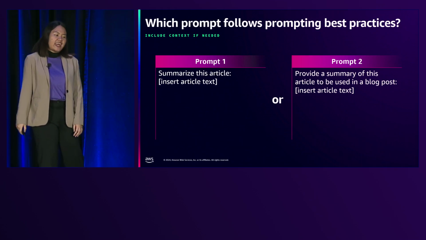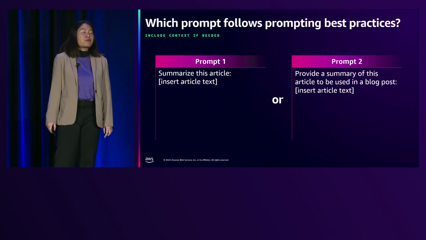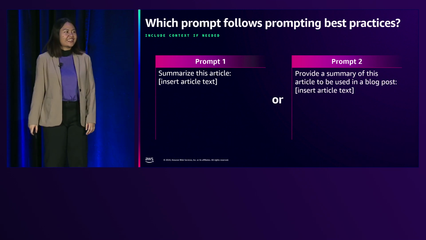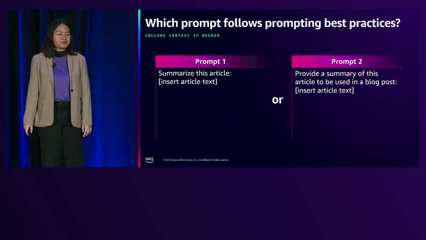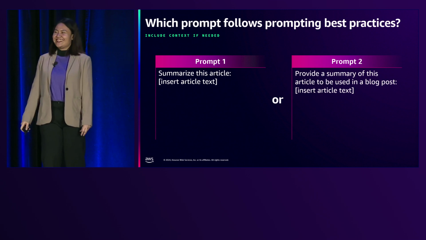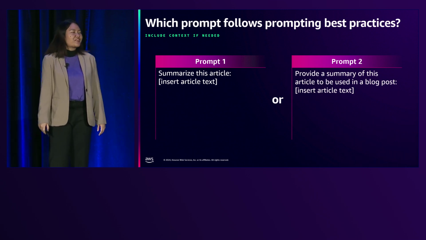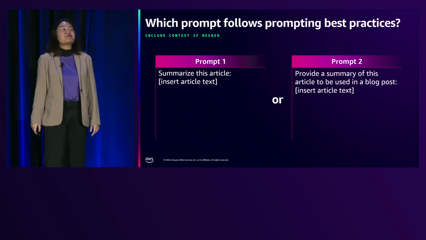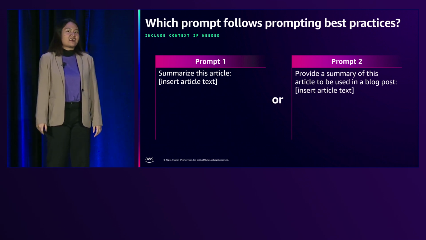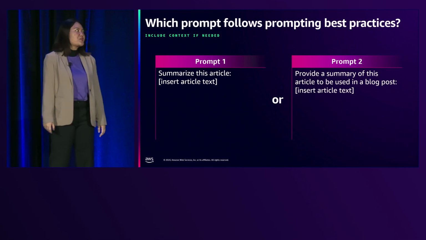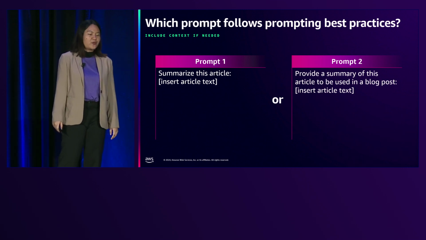So raise your hand if you think prompt 1 is the correct answer. Okay, no one? Okay. Prompt 2. So if you think prompt 2 was the correct answer, feel free to raise your hand. Okay, I see most of you answered prompt 2.